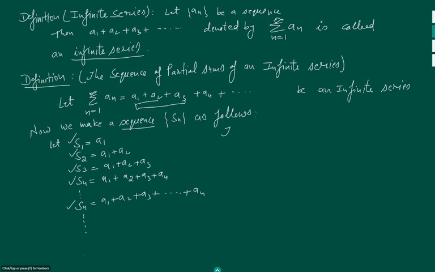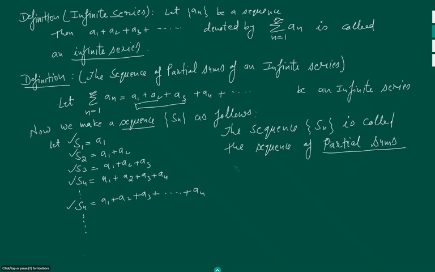So we have got a sequence. This sequence is called the sequence of partial sums of this series, summation n varies from 1 to infinity.